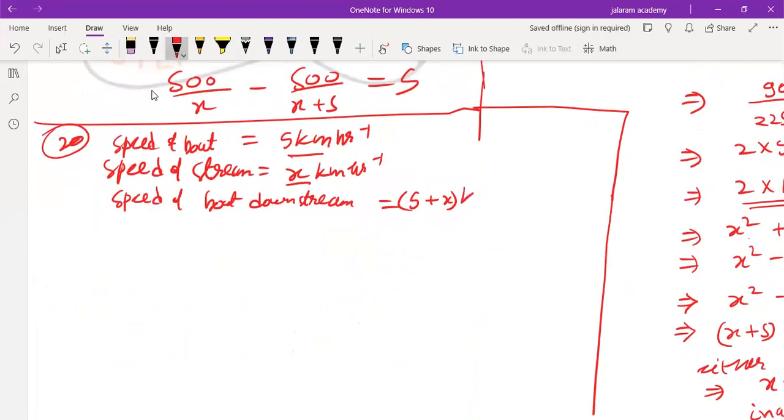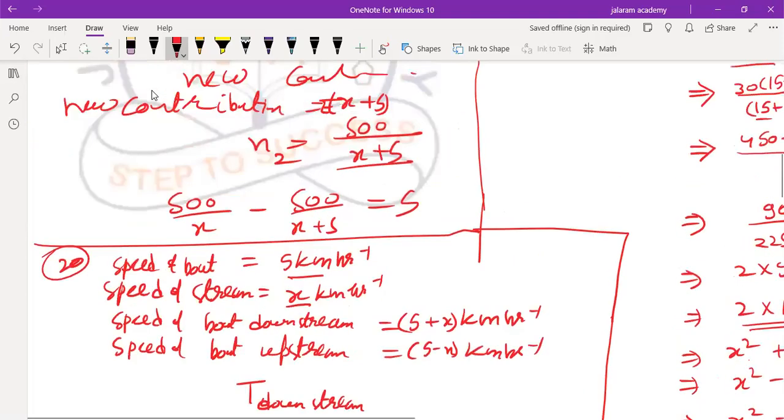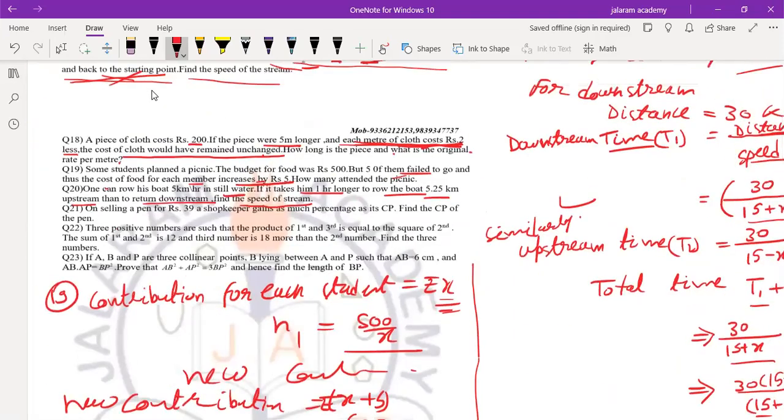And at the same time, we will assume the speed of boat upstream, which is 5 minus x kilometer per hour. First, he goes up the stream or down the stream.